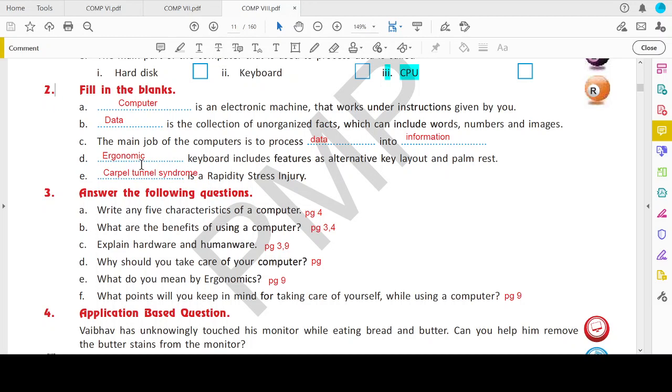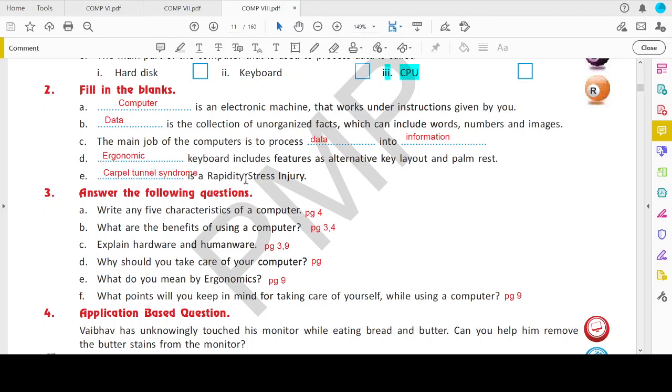When you are following the ergonomic standards, you are following scientific rules for your health. That will keep you healthy and steady. It will help you to work pleasantly on a computer. So these are the ergonomic keyboards. If you are using an ergonomic keyboard, you will give yourself protection from getting carpal tunnel syndrome or stressing your palm, stressing your wrist. You will be giving protection to your hand, your palm.